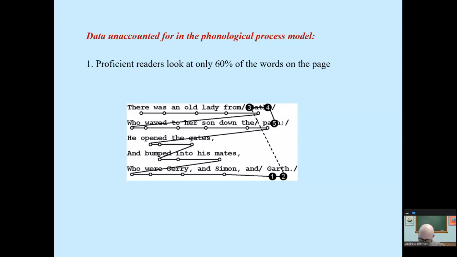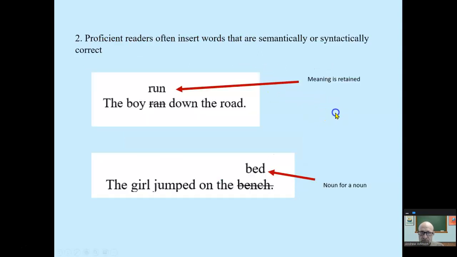This indicates that readers are using more than just the words and the letters on the page to create meaning. The second idea is that proficient readers often insert words that are semantically or syntactically correct.